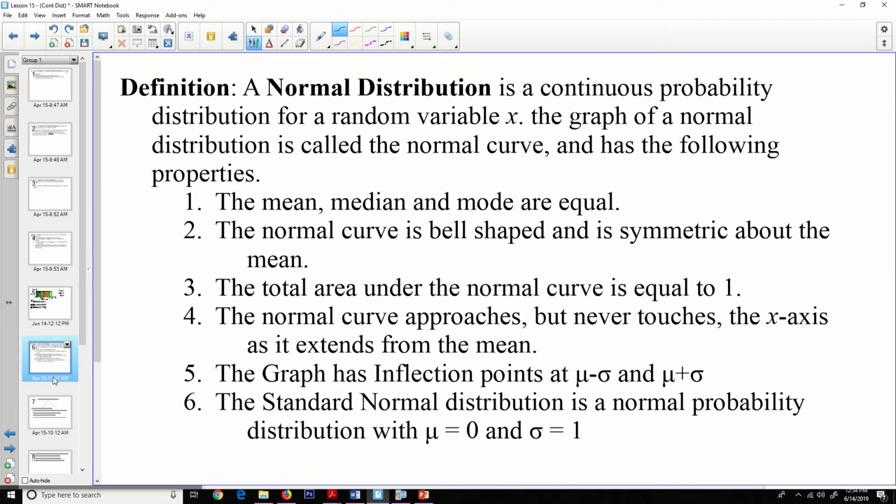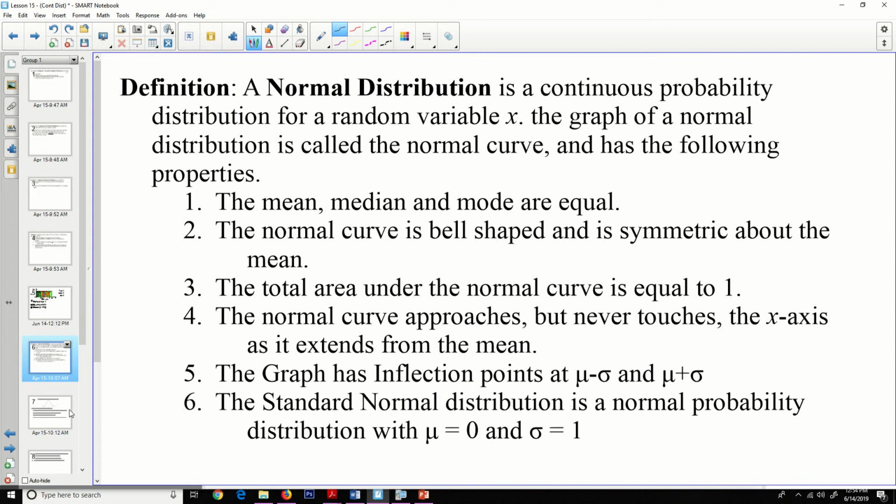The normal curve approaches but never touches the x-axis as it extends from the mean. The graph has inflection points at the mean minus 1 standard deviation and the mean plus 1 standard deviation. And the standard normal distribution is a probability distribution with a mean of 0 and a standard deviation of 1.